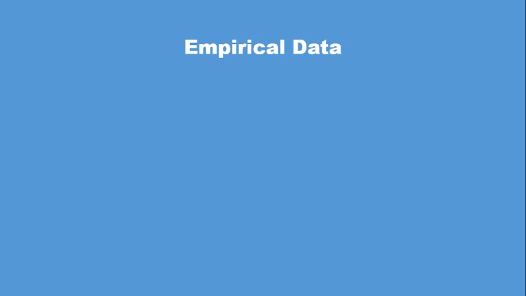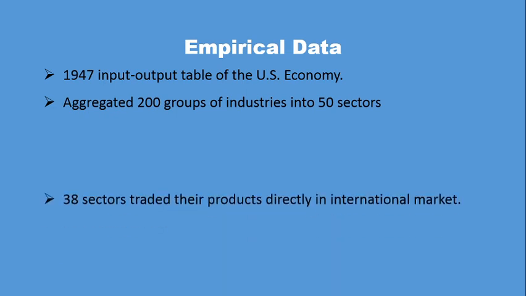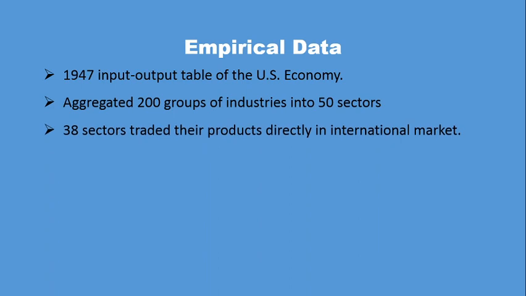To test this prediction, he used the 1947 input-output table of the US economy. He aggregated 200 groups of industries into 50 sectors, of which 38 traded their products directly in the international market.